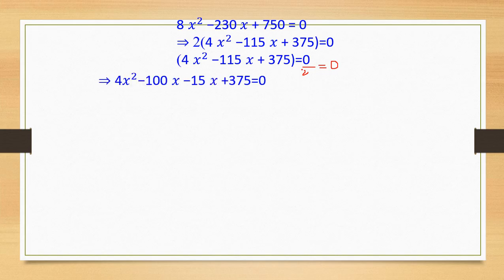We have to solve this equation. So let us use the factorization method, or we can say the splitting of the middle term. By using the factorization method, we have to split this middle term 115 into two parts, whose addition gives 115, and whose multiplication will give 4 into 375.